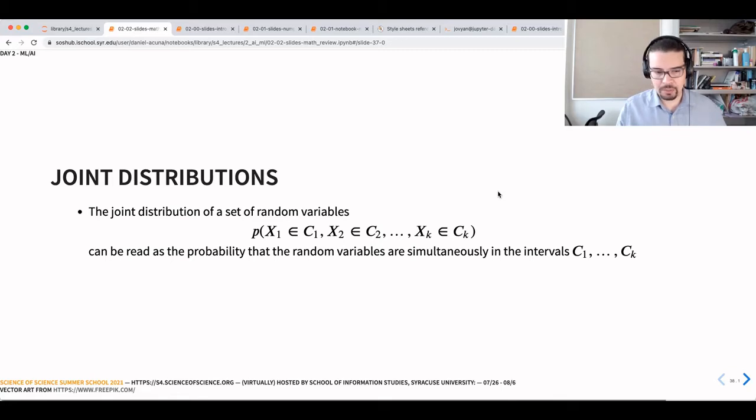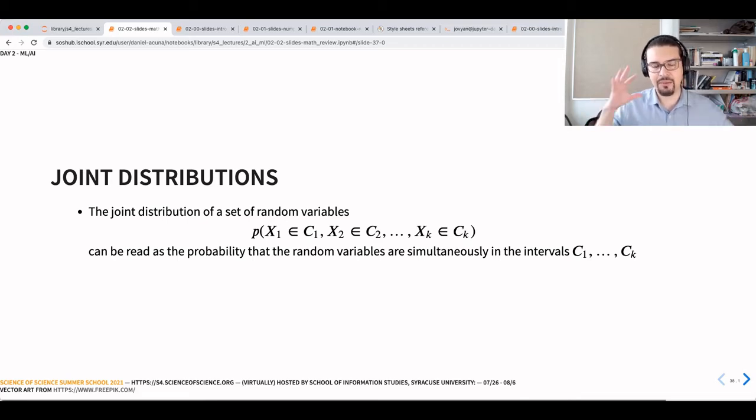Now, sometimes you have multiple variables in a distribution. Let's say we are representing the distribution of features from our data set. In our example of citation, one random variable could represent the ranking of the journal. Another random variable could represent the prestige of the author, and another could represent the prestige of the affiliation of the author.